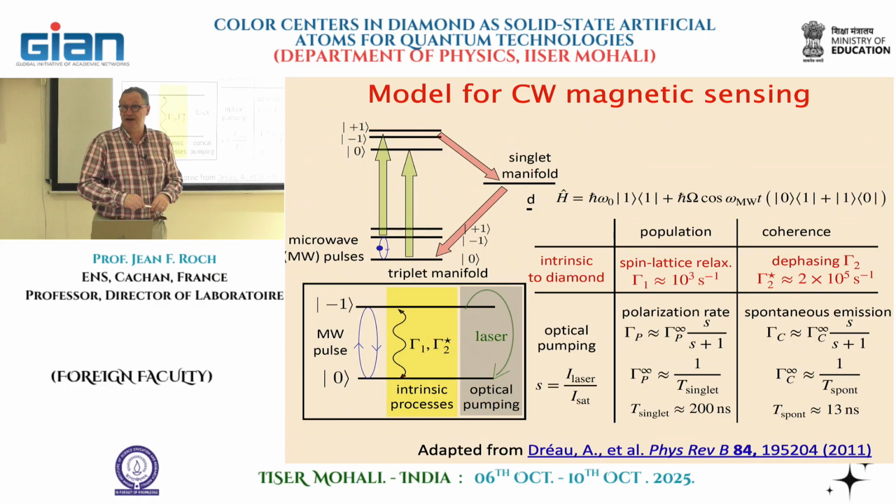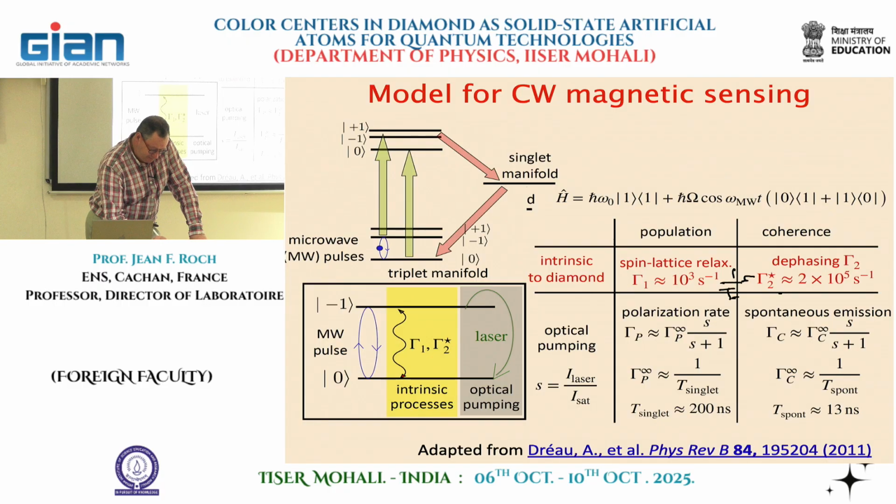What matters is the dephasing gamma 2 star, or the inverse, 1 over T2 star. And taking into account the value that we have before, this would be of the order of 10^5 per second.